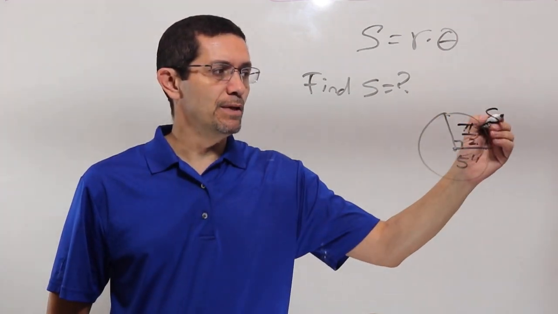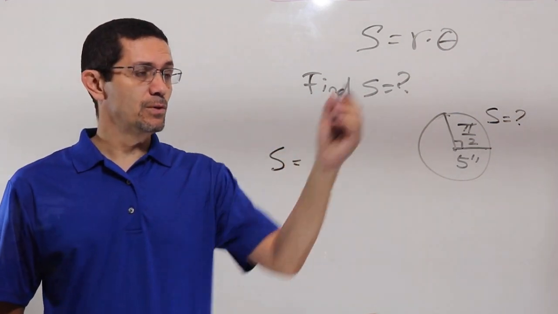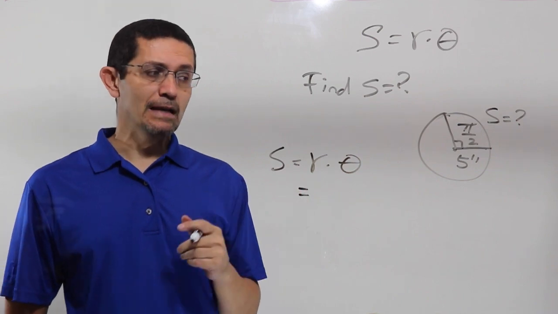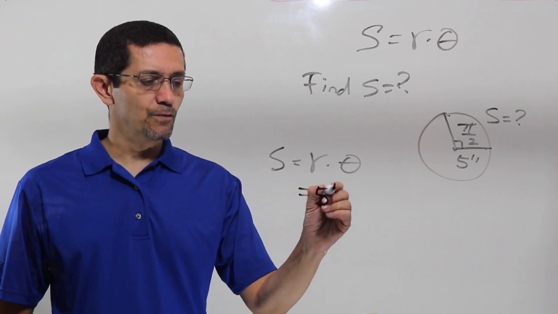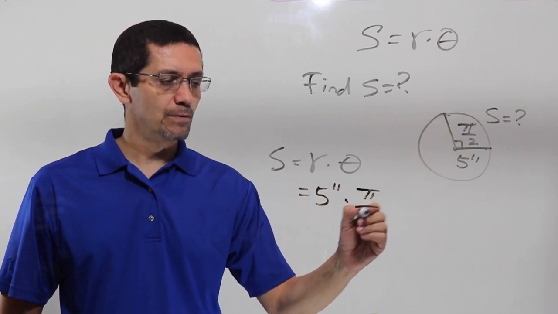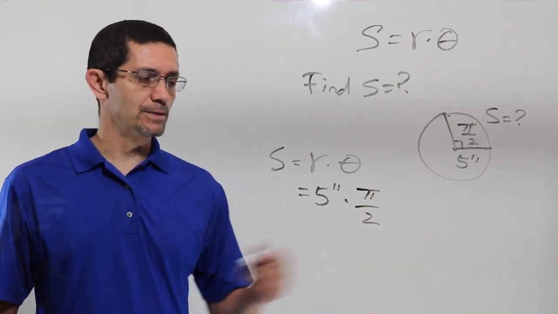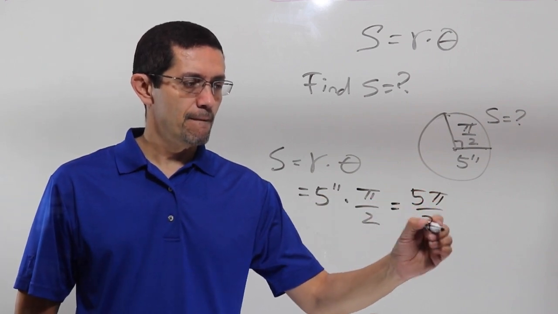And the question will be, what's my arc length? So S equals R times theta. R can be given in any units. In my case it is 5 inches times theta, which is pi over 2 radians. I don't have to write the word radians. In our case, 5 times pi divided by 2.